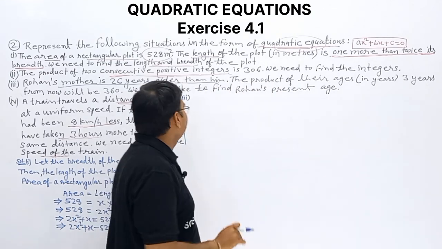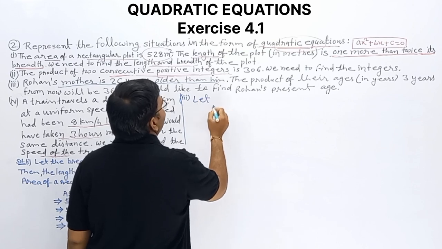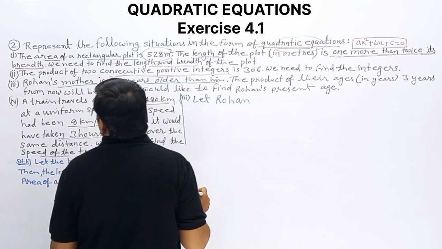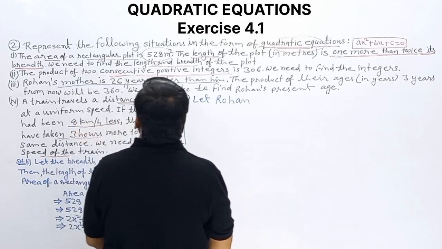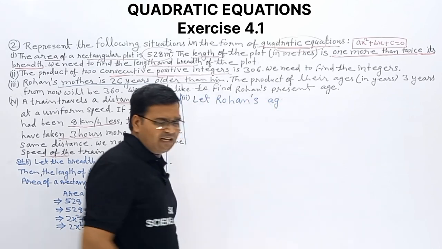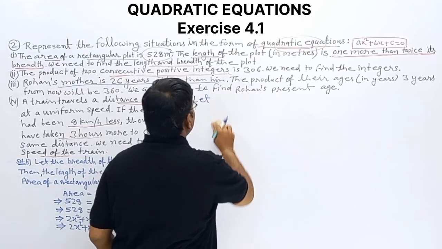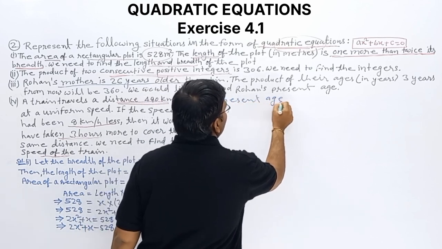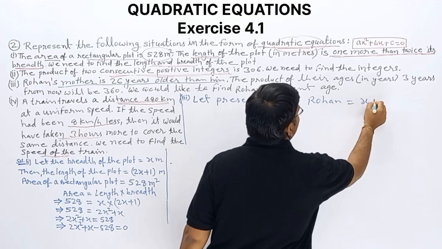So we will assume, let the present age of Rohan equal x years.